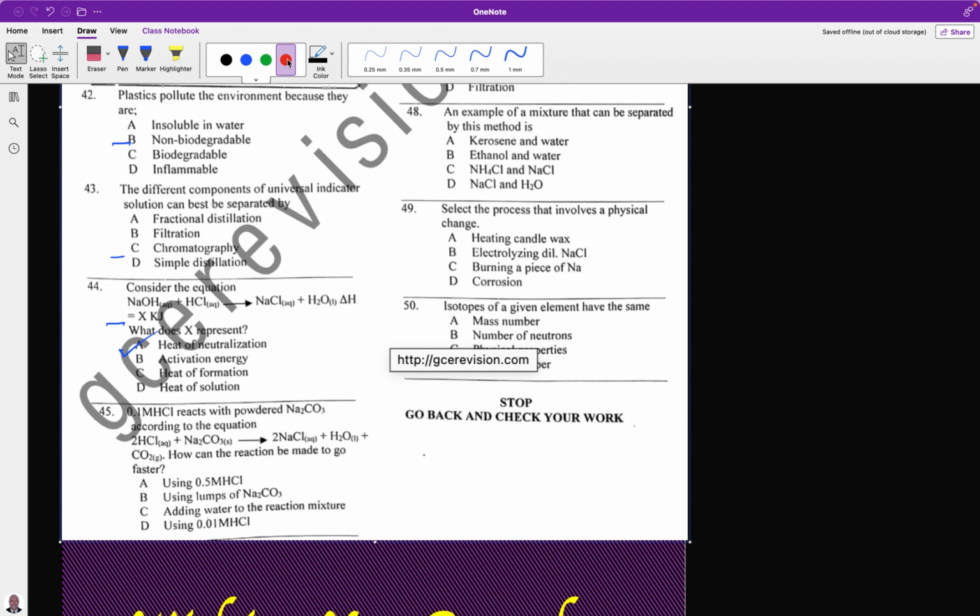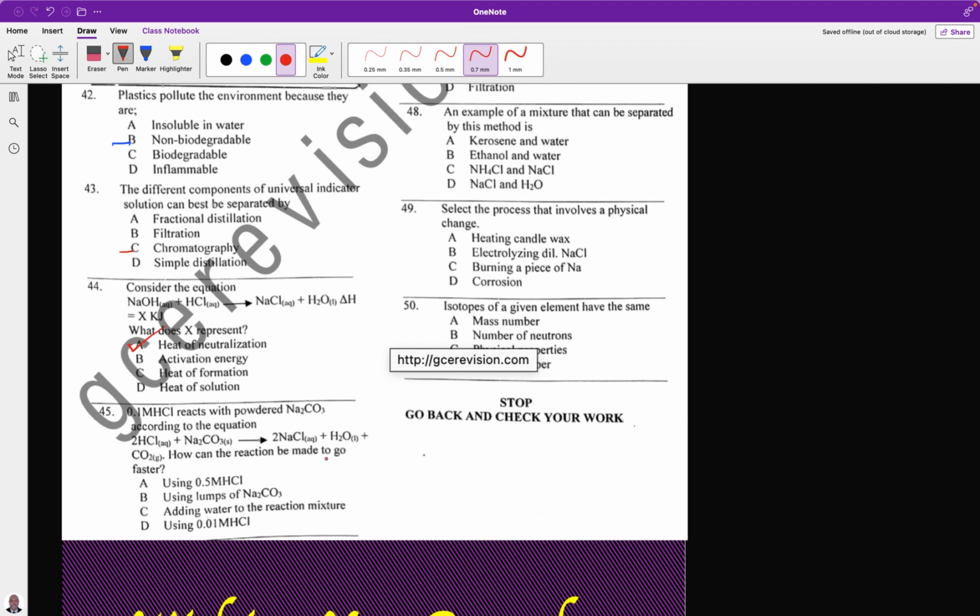Question 45. 0.1 molar hydrochloric acid reacts with powdered sodium carbonate. According to the equation, 2 moles of hydrochloric acid plus 1 mole of sodium carbonate give sodium chloride, water and carbon dioxide. How can the reaction be made to go faster?